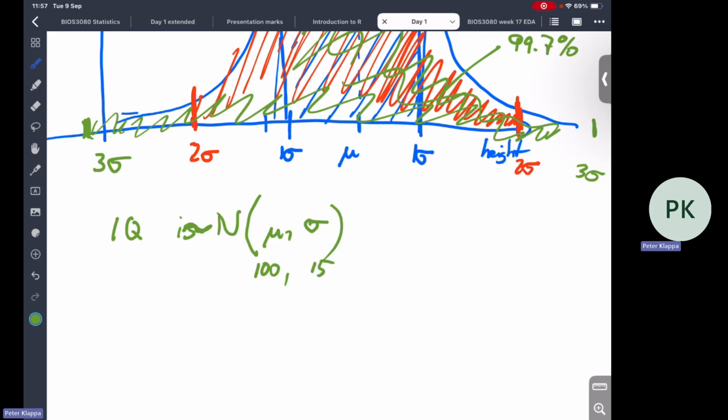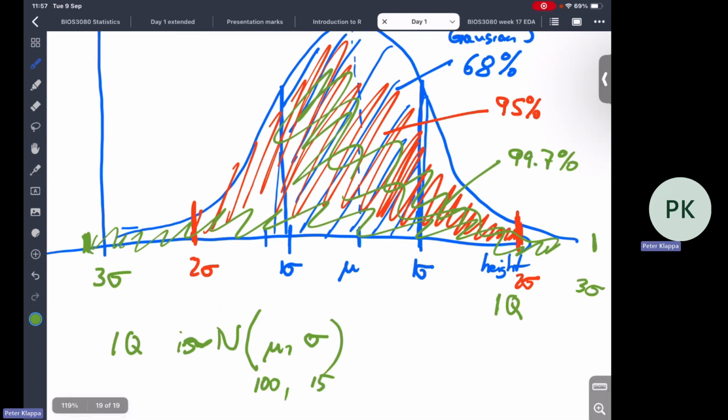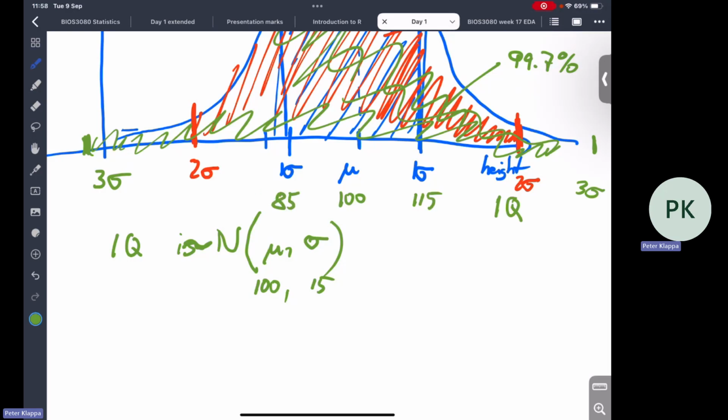And you can now ask yourself, given that this is our IQ distribution, for example, let's call it IQ here, we can ask the question, what percentage of people are between, here is 100, here would be 115, and here would be 85.